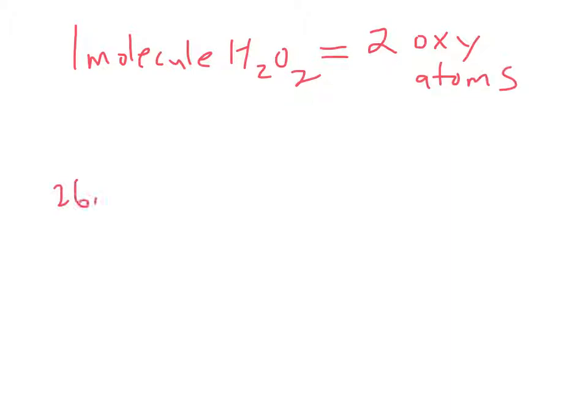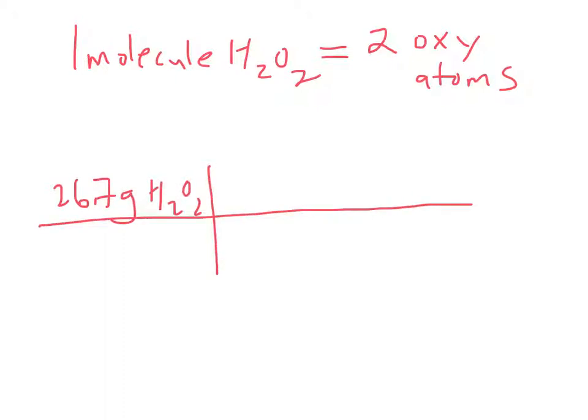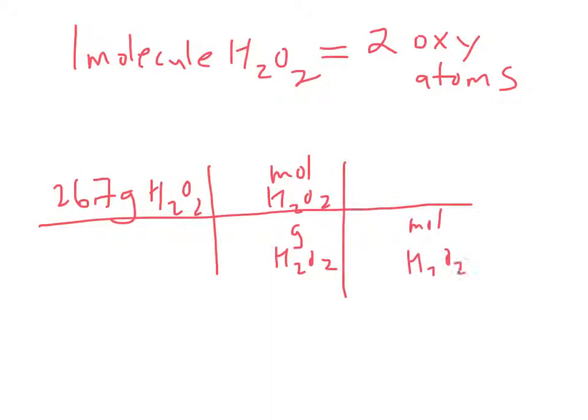So let's start out with 26.7 grams of hydrogen peroxide. We're going to change that grams of hydrogen peroxide to moles of hydrogen peroxide. Then we're going to change the moles of hydrogen peroxide into molecules of hydrogen peroxide.